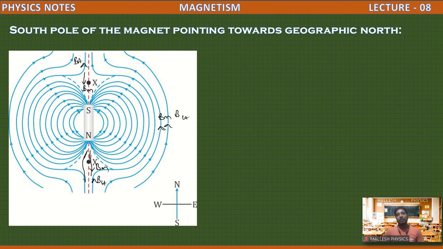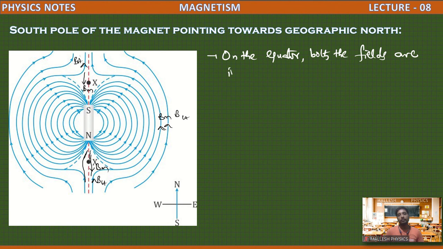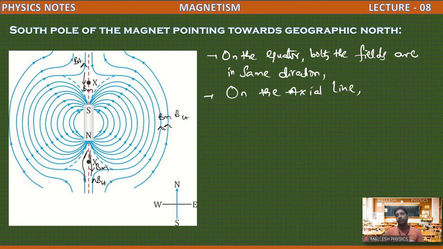Now here on the equator, both the fields are in the same direction. On the axis, or on the axial line, both the fields are in opposite direction.